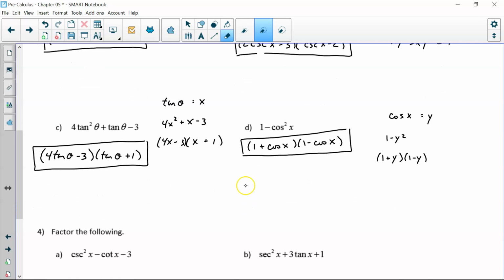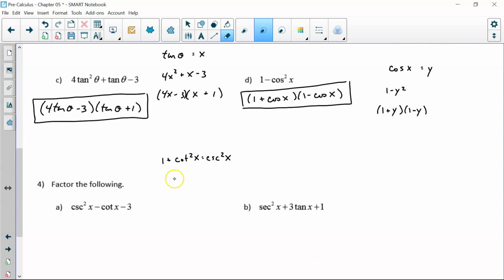Let's do a couple more. Now, they're going to get a little bit more complicated here. Here we have a cosecant squared and a cotangent. We have to do some more substitution. I'm going to rewrite the cosecant squared because I have the Pythagorean identity that says that 1 plus the cotangent squared theta, or x, equals cosecant squared x.